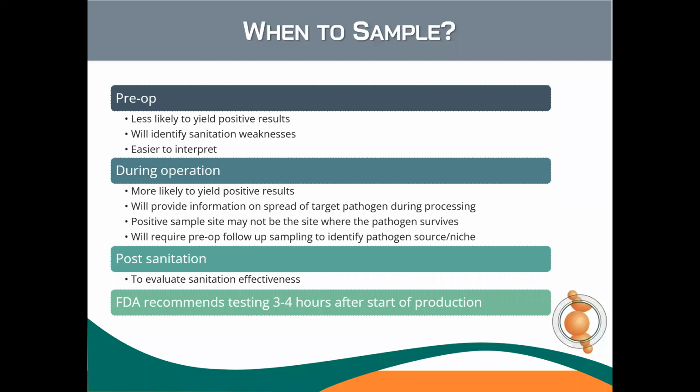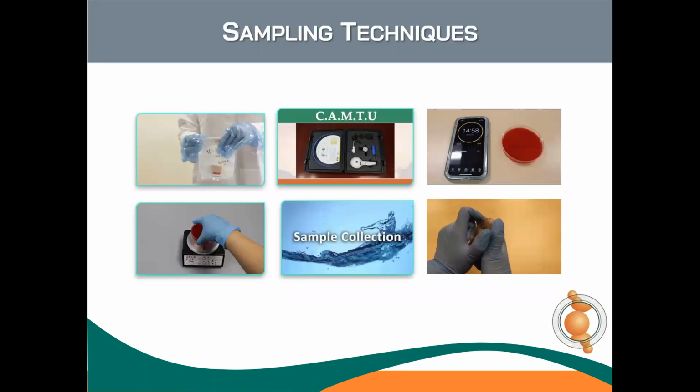Lastly, post-sanitation, this is used to evaluate sanitation effectiveness. And something really important to note is that the FDA does recommend to test 3 to 4 hours after production starts. So if you're doing during operation testing, definitely wait that 3 to 4 hours after your production has started.